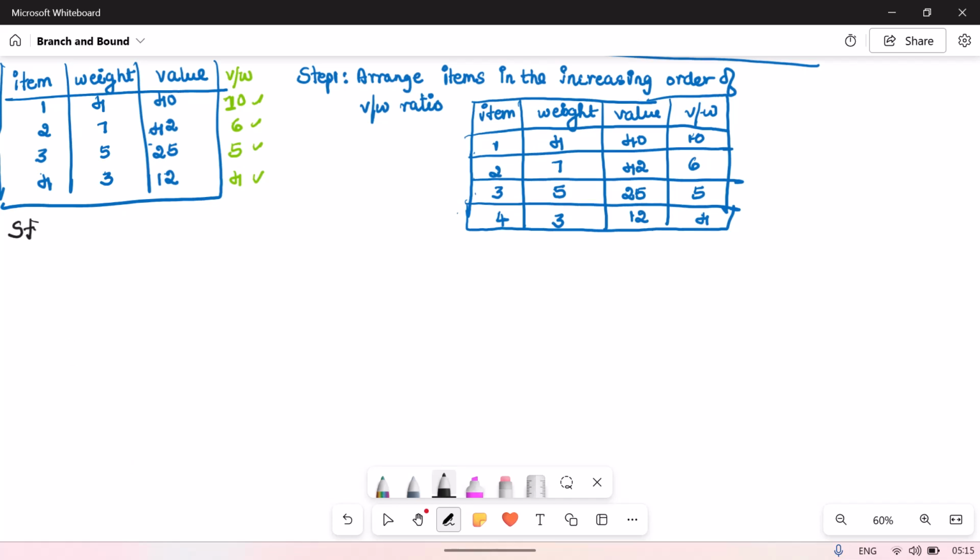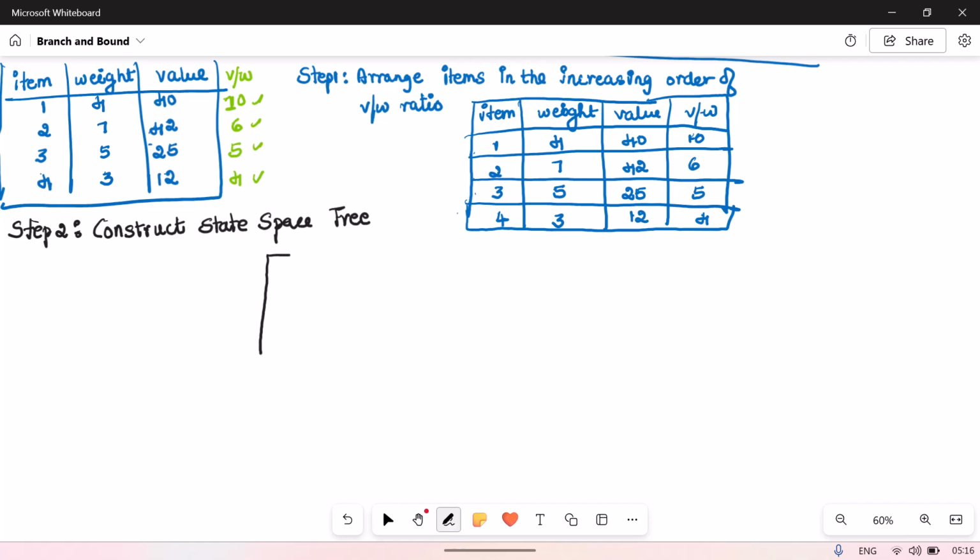Step 2, construct state space tree to obtain the solution. Okay. State space tree means initial state will be there, then there will be branching, then going to a particular path. Okay, so initially, let us start with the solution.